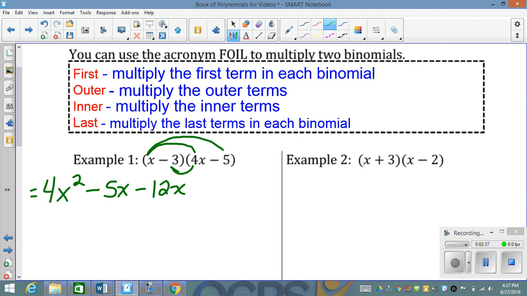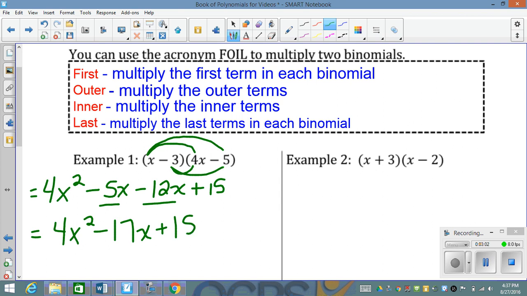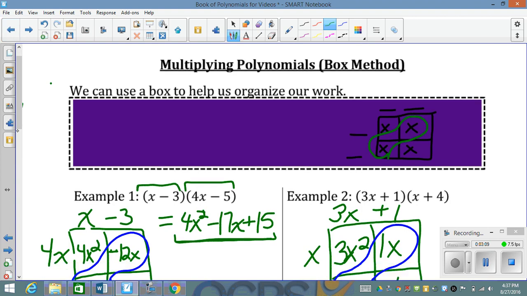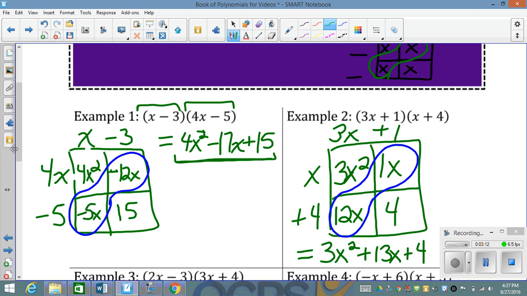And then the last, -3 times -5, which is a +15. Combining our like terms, usually going to be the O and the I, the outer and the inner, the two middle ones. And we are going to get 4x squared minus 17x plus 15. Now, if you'll recall from our last video, from our box method, that's actually the exact same problem, and we got the exact same answer.